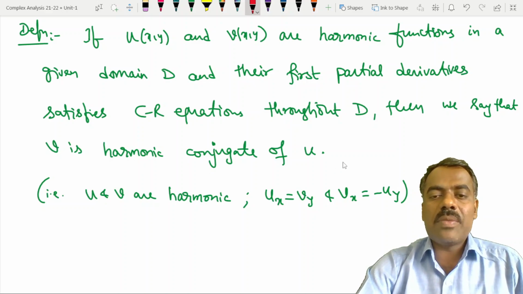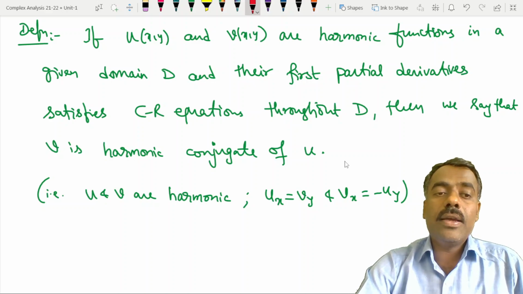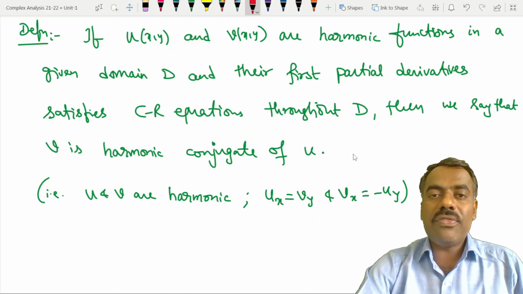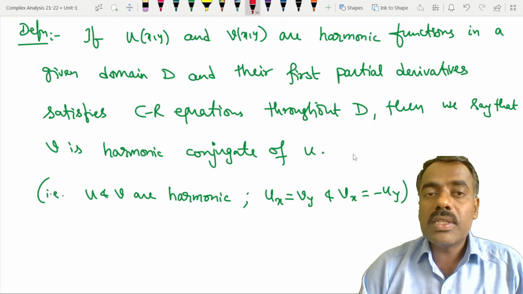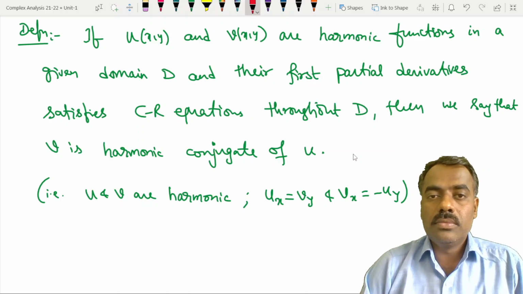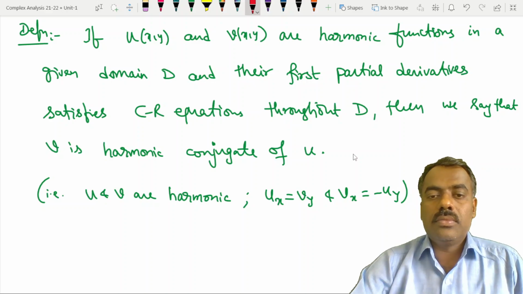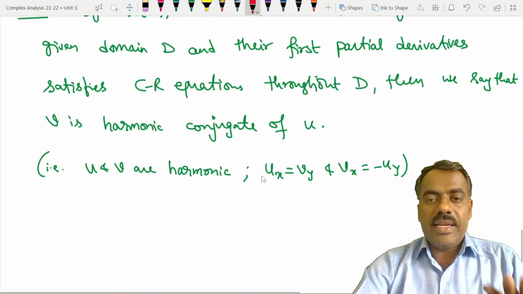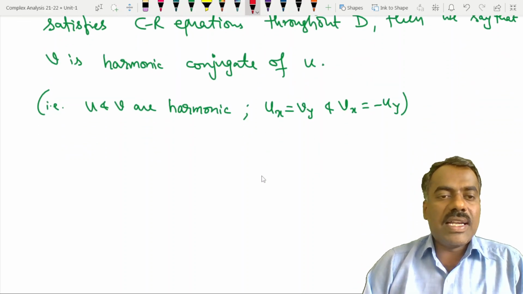Either you say v is harmonic conjugate of u, or u is harmonic conjugate of v, but not both. That we'll see in the following result.